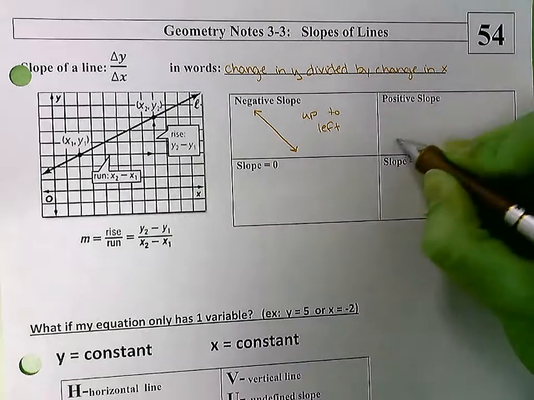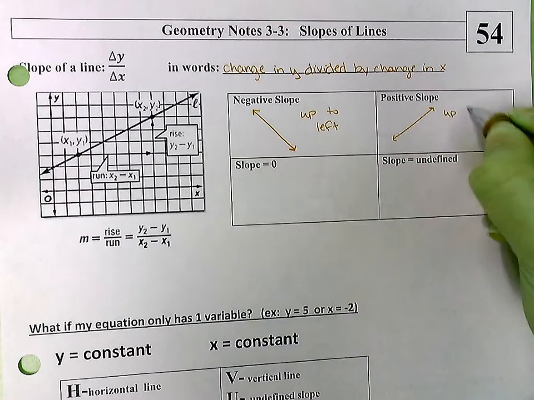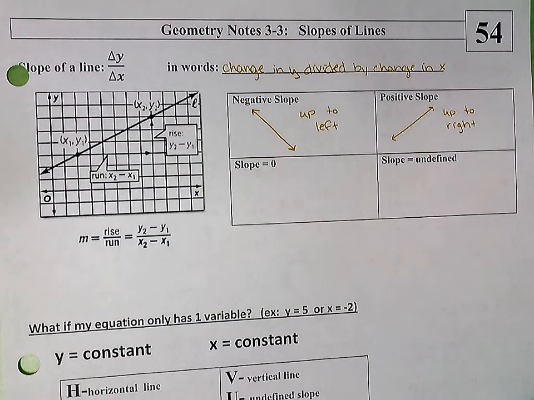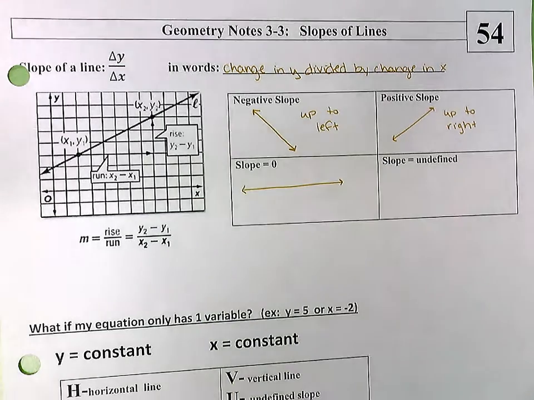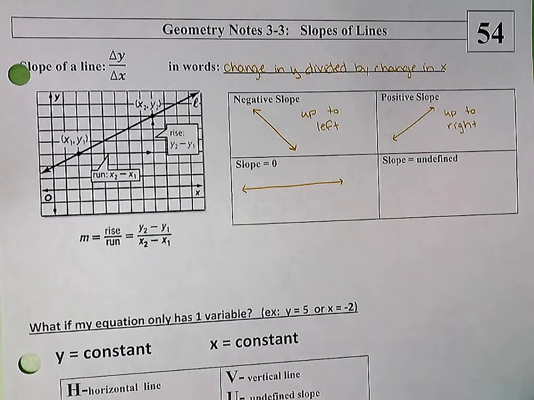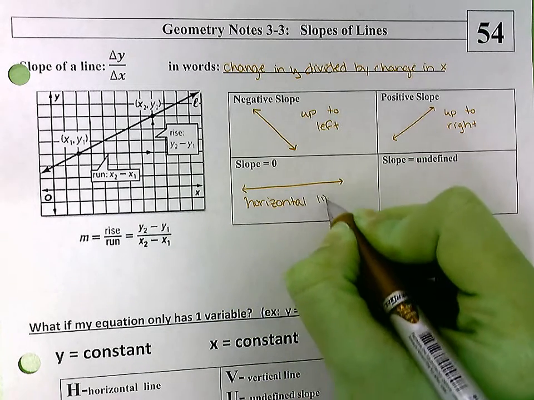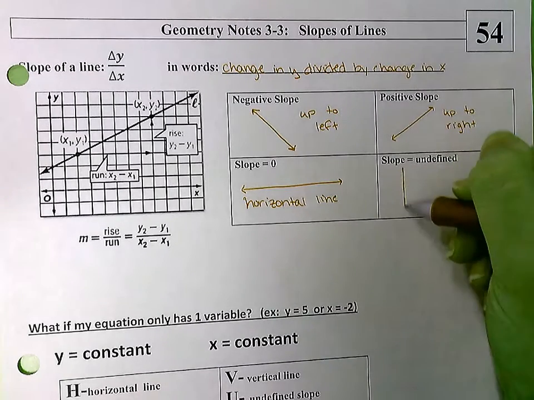Positive slope goes this way, up to the right. Our slope of 0 is a horizontal line, and an undefined slope is vertical.